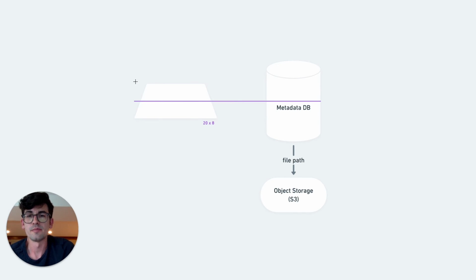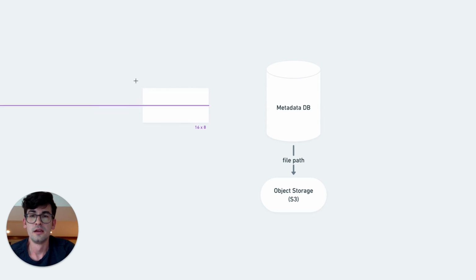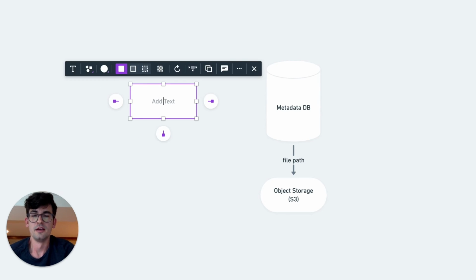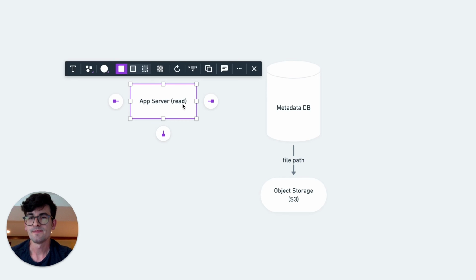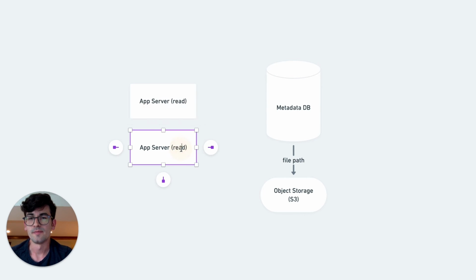So we're going to go ahead and build our application server here. And what I'd like to do is split this into maybe two different services. So let's think about the read services and the writing or uploading services separately, since, as I mentioned, they might have different patterns and different requirements.